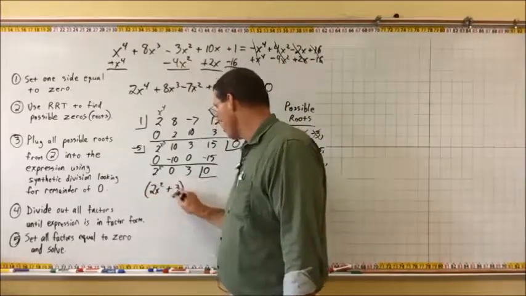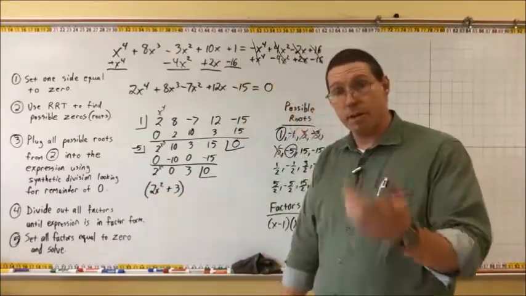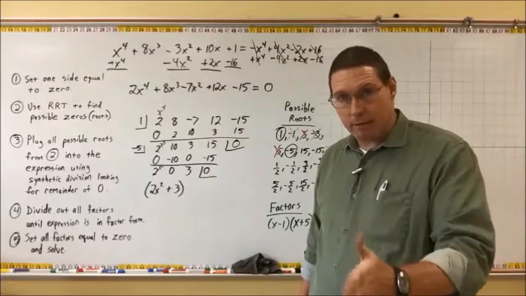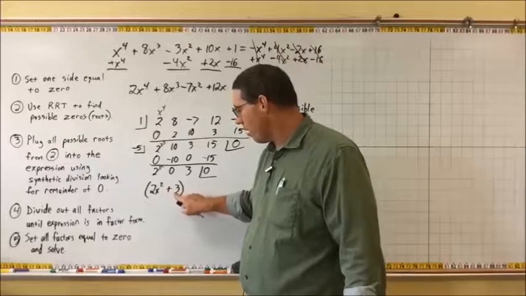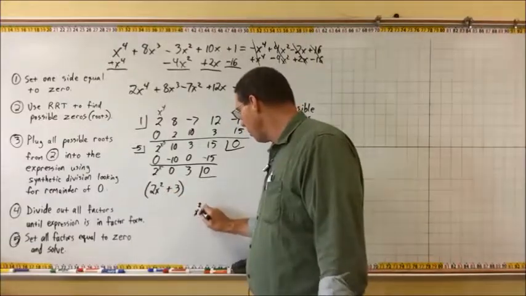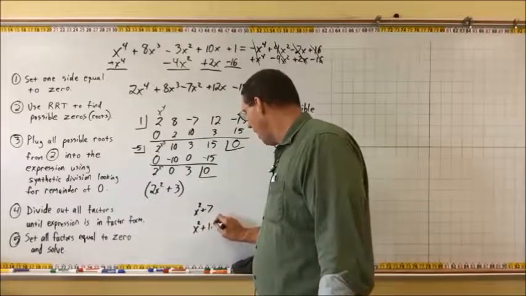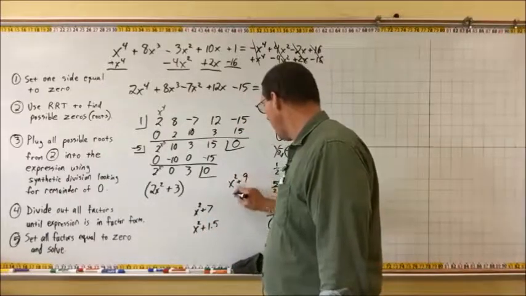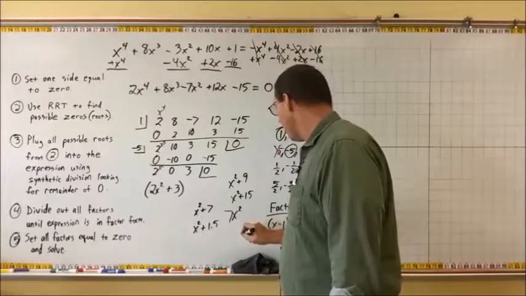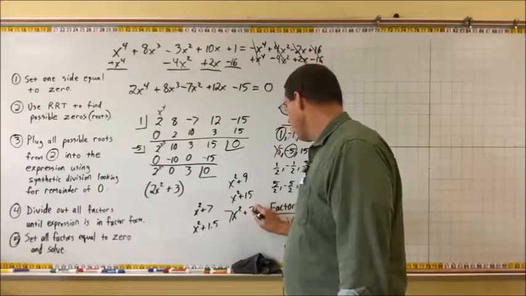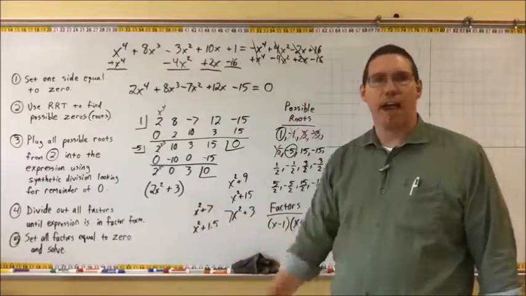Well, hang on a second here. 2x squared plus 3, that can't be factored. I have said this before, and if you didn't get it, you got to keep hearing it again until you get it. Any x squared plus a value, x squared plus 7, x squared plus 1.5, x squared plus 9, x squared plus 15, 7x squared plus 3. Any x squared plus a number is not factorable.